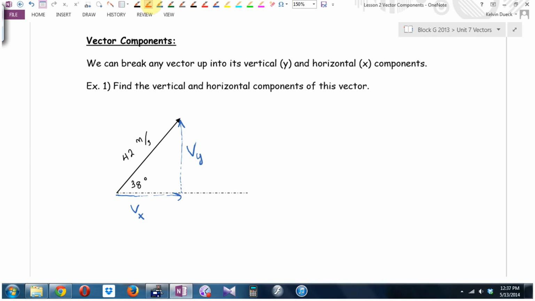First of all, that 42, opposite, adjacent, or hypotenuse? What about Vx? Okay. Which trig function? So the cosine of 38 is adjacent Vx over 42.